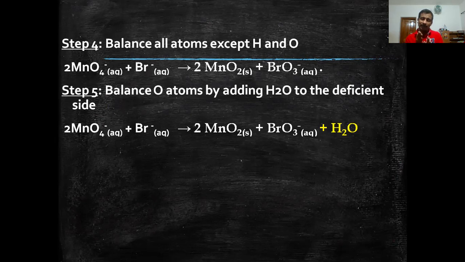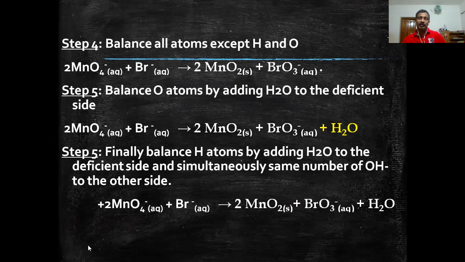How many hydrogen atoms needed? For example, if 3 hydrogen atoms needed, add 3 H2O. If 1 hydrogen atom needed, add 1 H2O to the deficient side. Simultaneously add the same number of OH minus to the other side. For example, here 2 hydrogen atoms are present. So in order to equalize it, on the opposite side you have to add 2 H2O. Simultaneously you have to add 2 OH minus here.